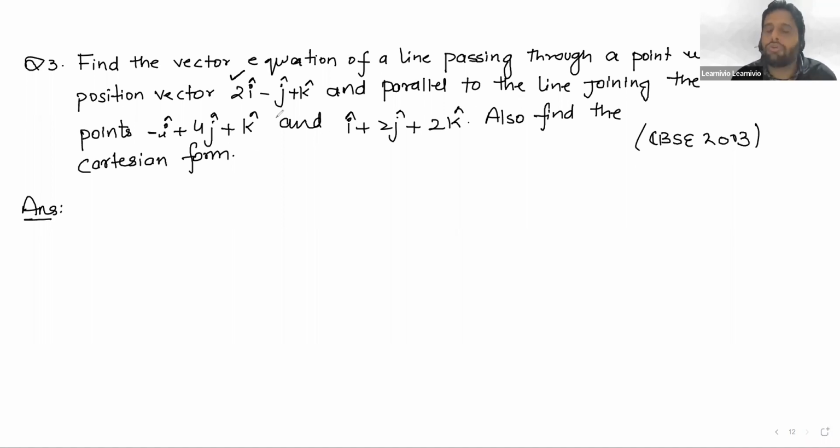Okay, so A is equal to what? Line is passing through this point. So A is what? 2i cap minus j cap plus k cap. And they're saying that it is parallel to the line joining these 2 points. So join these 2 points.